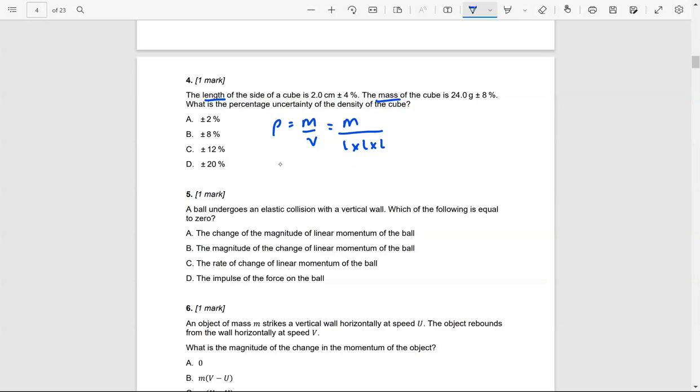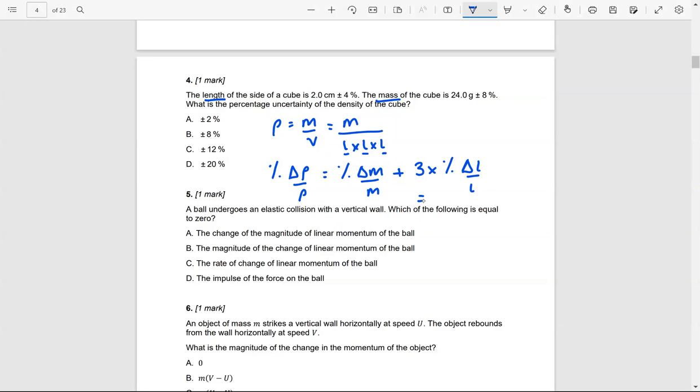So if we're looking for the percentage uncertainty in density, it's the same as saying the percentage uncertainty in m plus, because we've got a divide sign, 3 lots, because we've got 1, 2, 3 L's, of the percentage uncertainty of the length.